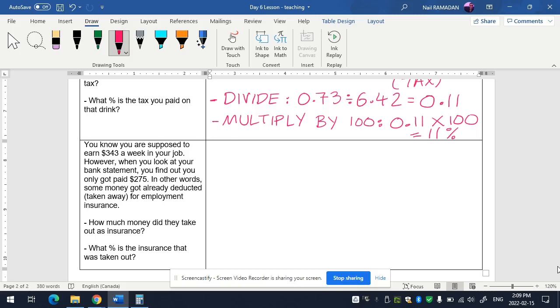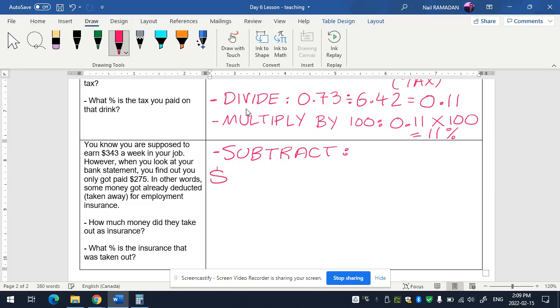So some money already got deducted or taken away for unemployment insurance. Question one: how much money was deducted? Well, that's easy. You just subtract how much you're supposed to get minus how much you actually got. So first thing we do, subtract.